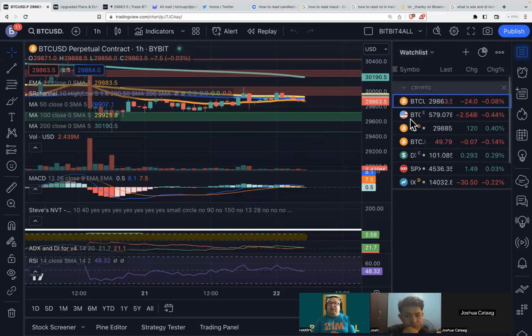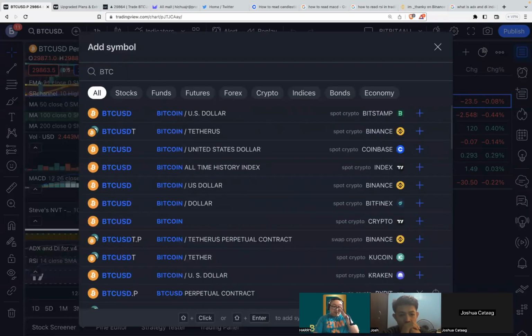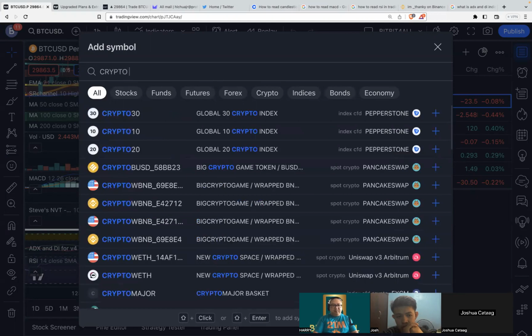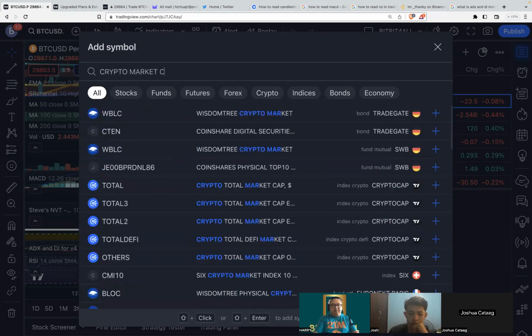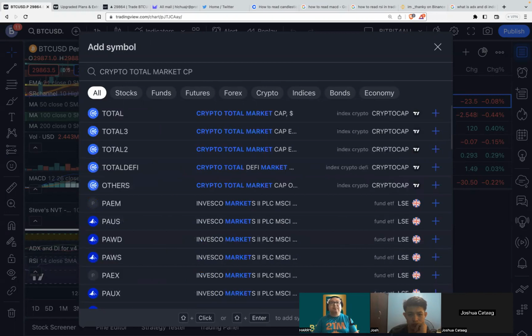Bakit ito ang watchlist ko? I have to add pala something. BTC. Oh, hindi pala. Crypto market cap. Yung total market cap. So, ganun.